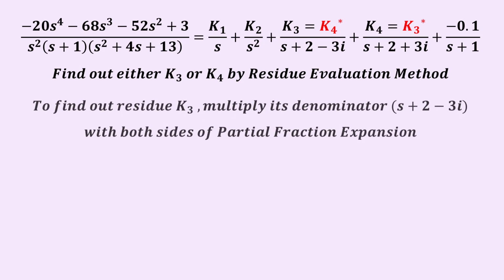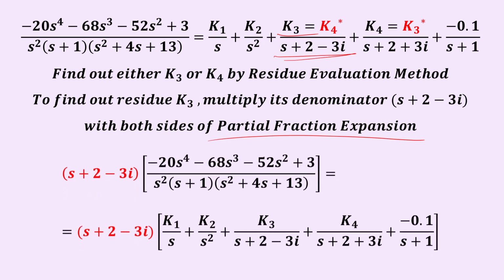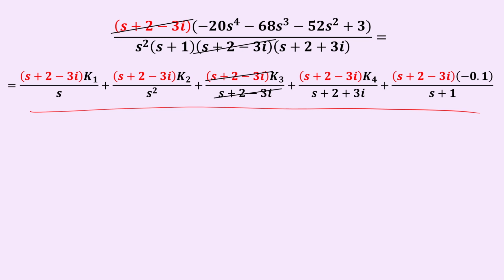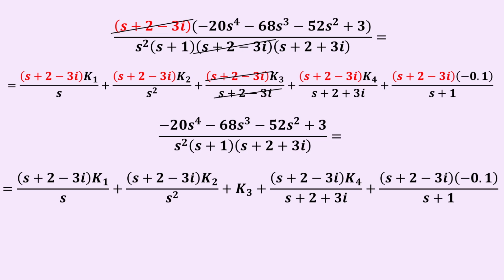In order to find k3, we just have to multiply its denominator polynomial on both sides of this partial fraction expansion as shown here, and the polynomial will be multiplied by each of the partial fractions this way. Then we will look for any possible cancellations of the factors from numerator and denominator, and the result will be this equation, which is a further simplified equation.